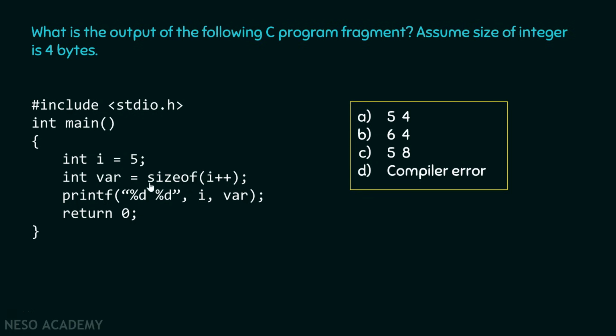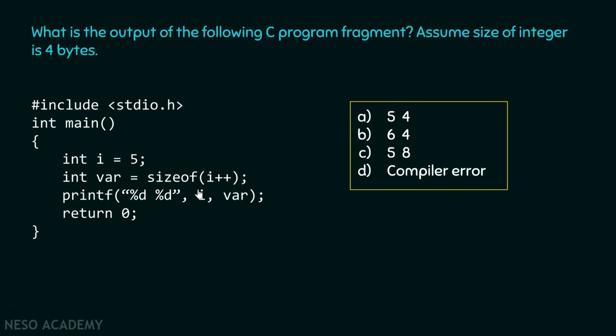Here in this code, we need to focus on the sizeof operator, right? Inside the sizeof operator, I have written I++, which is of course post incrementing the value of I. It doesn't really matter what is there inside the sizeof operator, it will return the size of that operand.